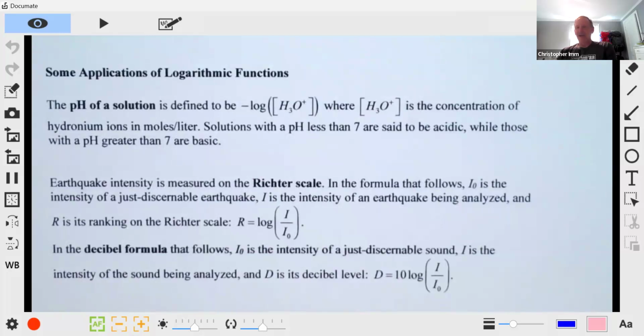Another sort of applicable application here is called the Richter scale. Now, I know in the Midwest we don't have too many earthquakes, but we can measure that earthquake intensity by the Richter scale. So the Richter scale basically provides a number, usually between 0 and 10, that will give us the intensity of that earthquake.